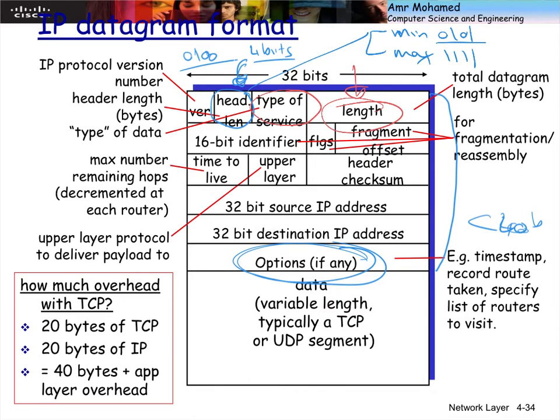And this is the length in bytes. And because we have 16 bits, we have flexibility. So the maximum length is 2 to the power 16, which is really high. So we can report the length in terms of bytes.